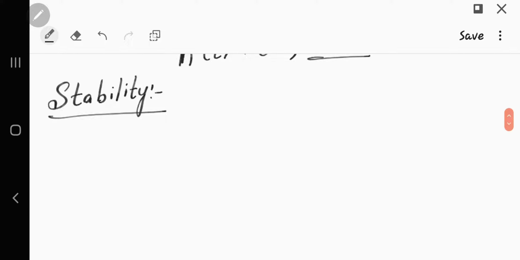So this definition goes like this for stability.